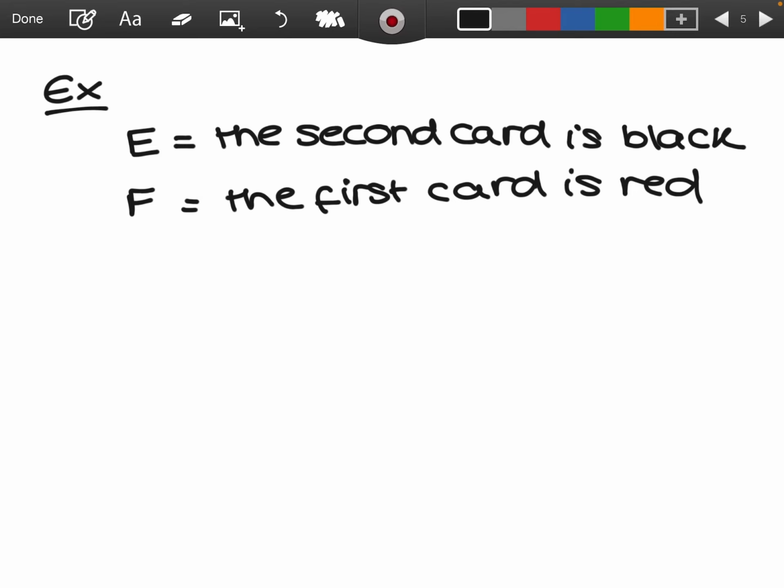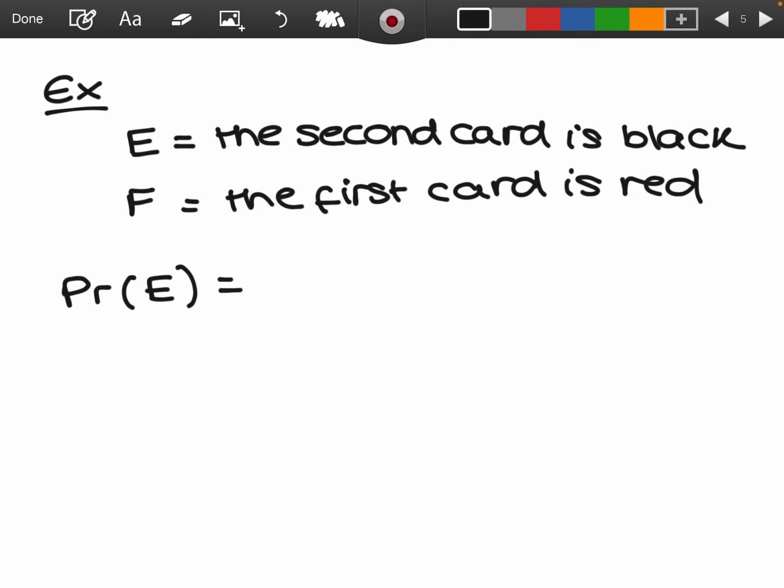Again, we've already shown that these two are not independent. We know that because whatever I pull out on my first card is going to affect the number of cards left in the deck. So if I pull one card out, I'm left with 51 cards. So that's going to affect my probability of what I get on my second draw of a card.